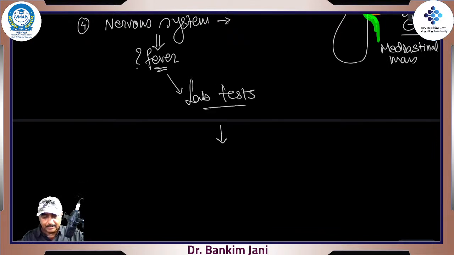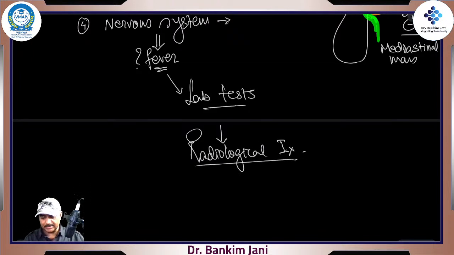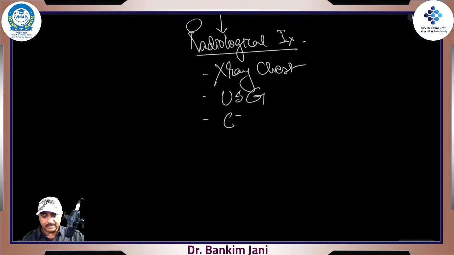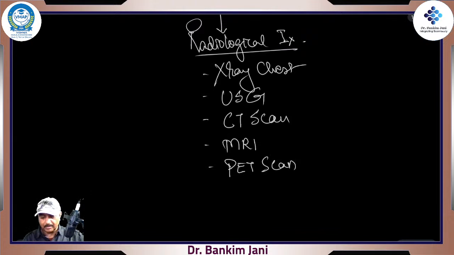And then blood has been sent, and now you will be going for radiological investigations. Commonest is the X-ray chest. Then you can go for ultrasound or CT scan, or MRI or PET scan.